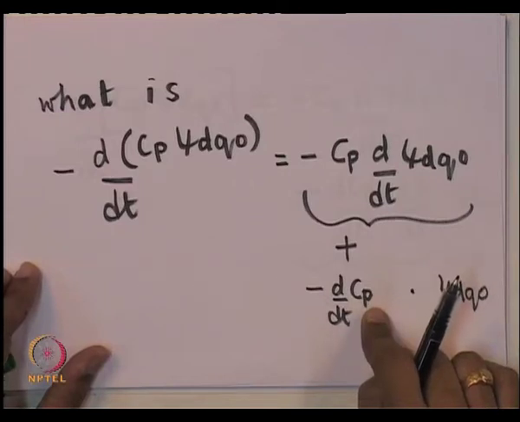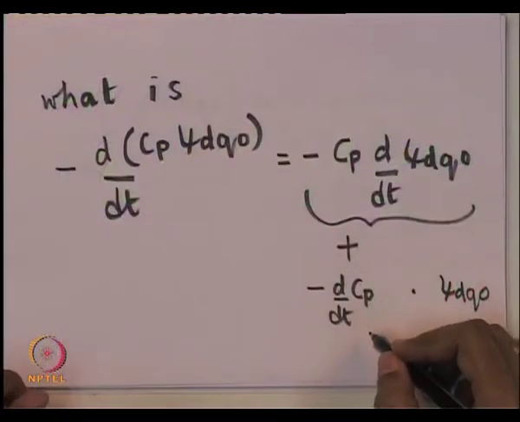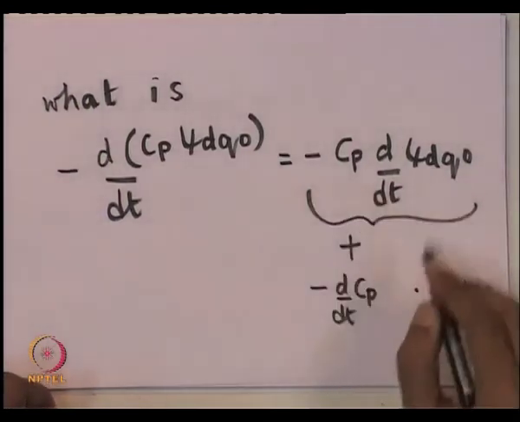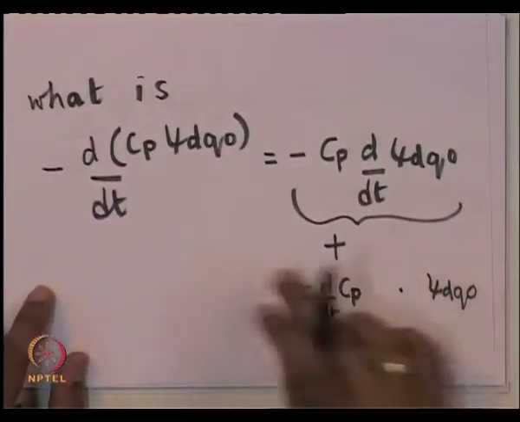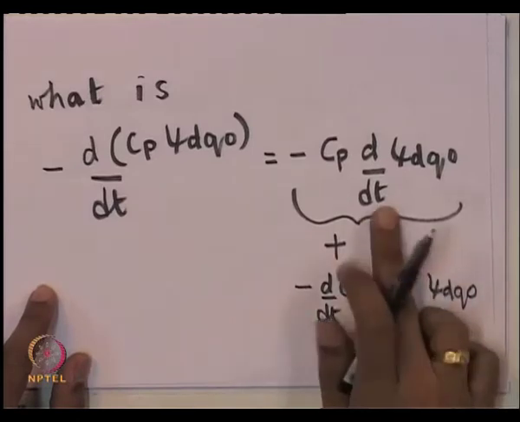Theta in a synchronous machine is a function of time. It can't be considered constant even under steady state conditions; theta is varying continuously. So, d C p by dt has to be evaluated.